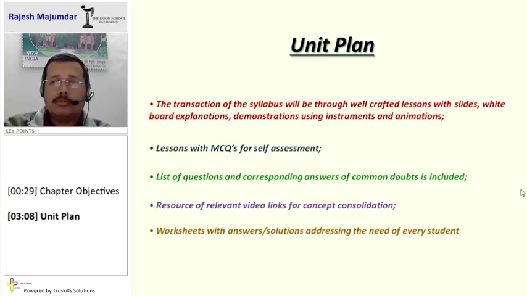Those will also be shown. After every lesson, you can judge your own progress by taking on the multiple choice questions for self-assessment.